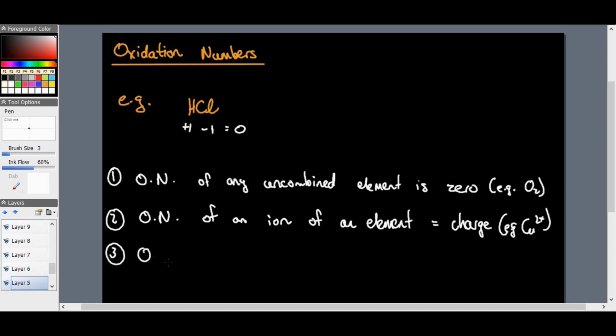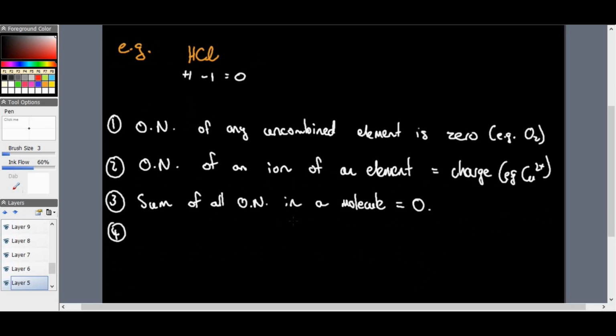Number 3, oh sorry, the sum of all oxidation numbers in a molecule is equal to 0. I'm going to shorten the words a little to make it easier to write down.